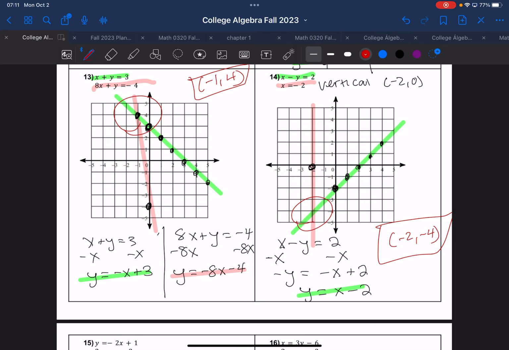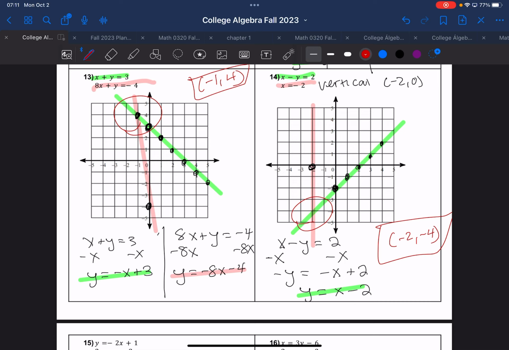If you were given equations like this, and you knew the lines would cross, they would have to cross the vertical line at x equals negative 2, and that would be their solution. Well, for problems like 14, since we have that vertical line at -2, you know that your answer where it crosses has to be -2 in the x value and then whatever number in the y value.